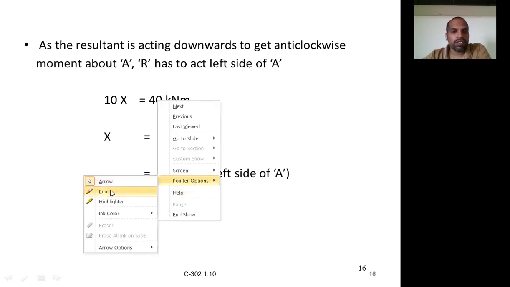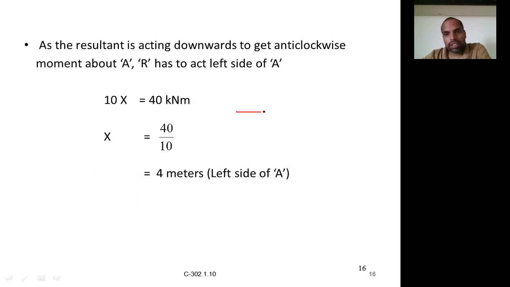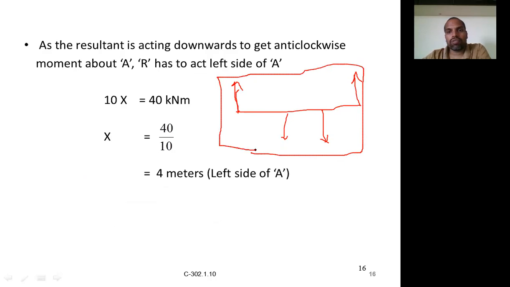So when this is the force direction, you are assuming that this is one force, and this is another force. Let me explain once again. This is another force, this is the upward force. So what is the algebraic sum of all the moments of your forces?